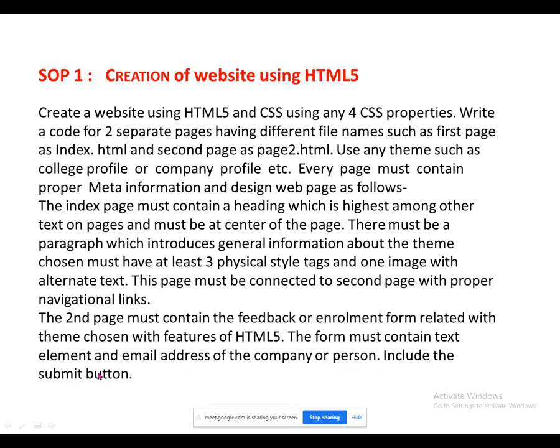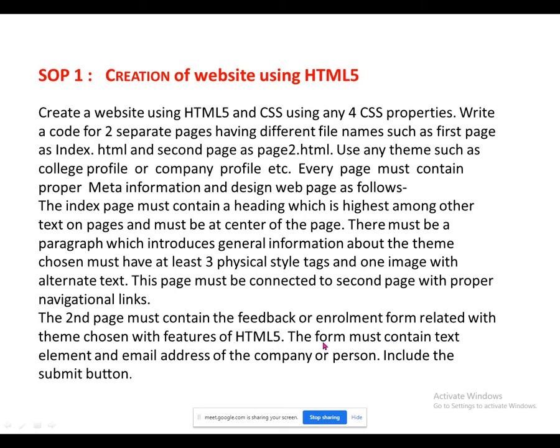Include the submit button. Your second page must contain a form, maybe a feedback form or an enrollment form, depending on your theme, and it must contain some features of HTML5, such as background color and some formatting options, and then form elements.